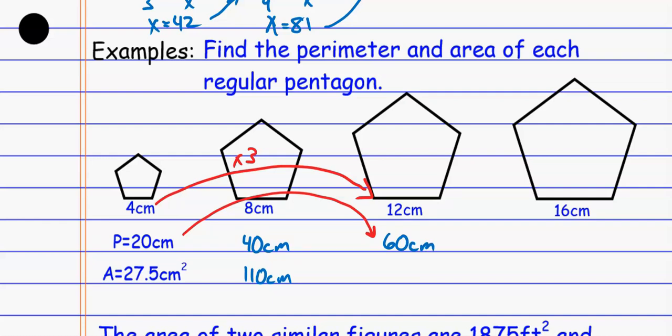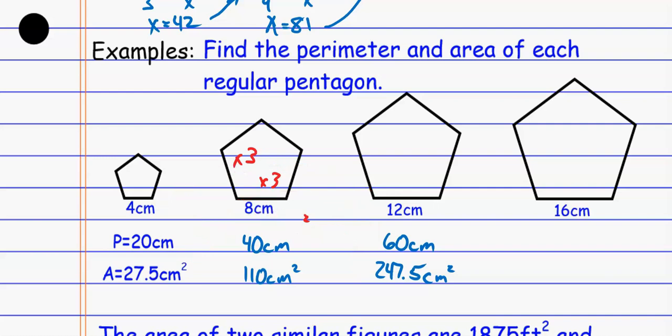But now when we look at the area, and this is the one that's a little bit tricky, instead of the same relationship, instead of times 3, it's that same relationship but squared. So it's actually going to be times 9 for this one. So that gives me 247.5 squared. Almost forgot my little squareds on those, okay?